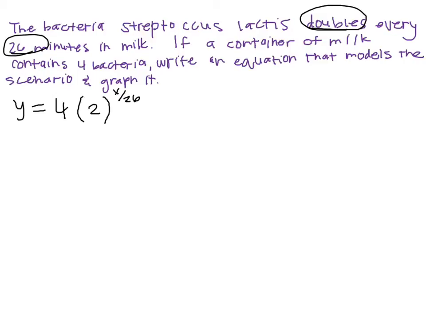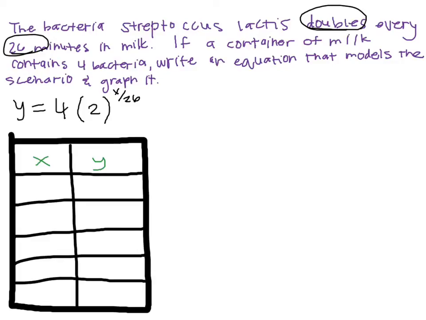So now I've got to go and I need to create my table. So here's my table with x and y. I'm going to start with choosing 0 because it's the easiest thing to substitute into an exponent. Now rather than going to 1, I want to think about this for a second. If I were to substitute a 1 in place of x, then I would have 1 over 26, and that's kind of a nasty fraction. So I want to substitute things that can be divided by 26.